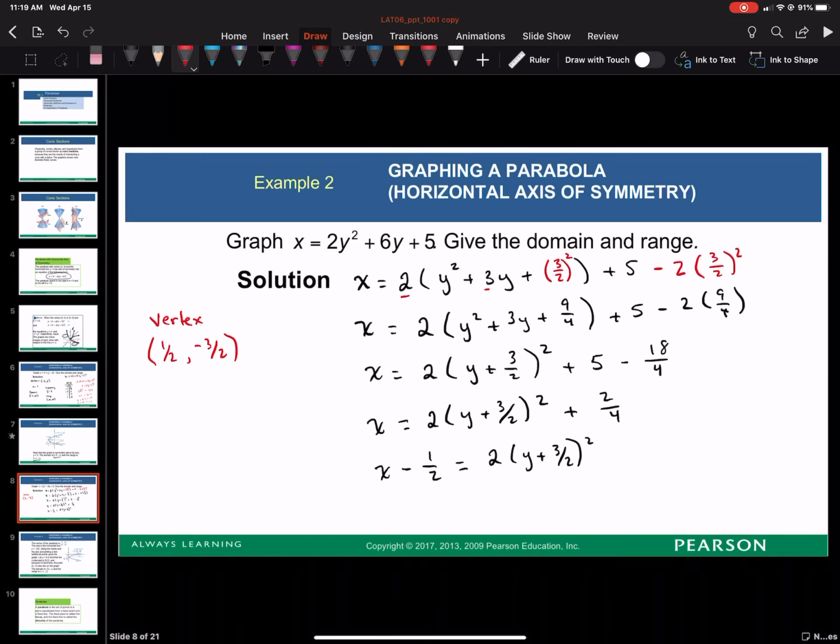A is greater than 0, so it still opens up from the right. So we know that it's going to open up from the right, and now let's do domain. Your domain is going to be 1/2 to infinity. Your range is still going to be negative infinity to positive infinity.